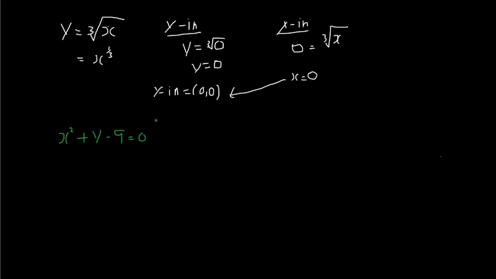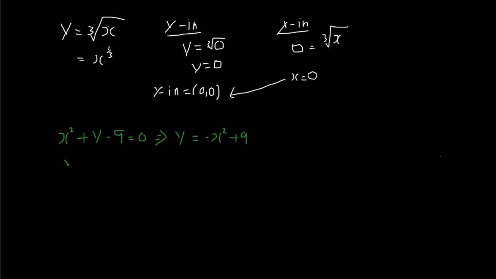How do we do this? Yes, if you need, you can write this as y equal negative x squared plus 9. Actually, you don't have to do this. The only thing, to find the x and y intercepts, is to plug in 0 for y and x. So let me explain using this equation.